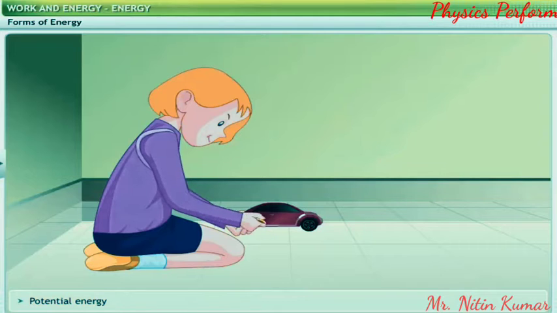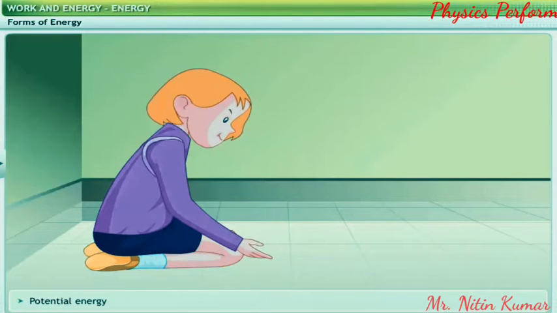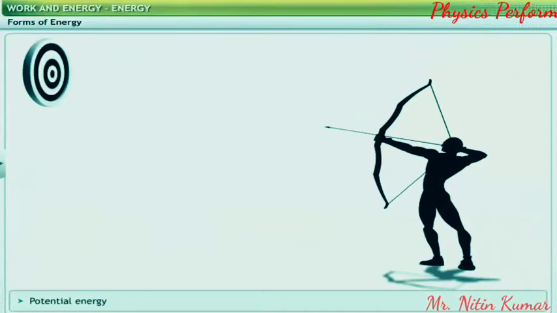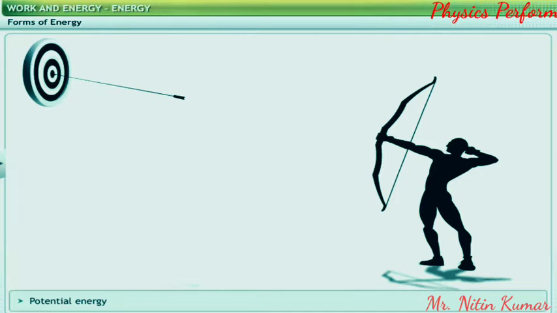For example, the work done in winding the key of a toy car is stored in the form of potential energy in it. This energy is released as the spring unwinds and sets the car in motion when it is left free on the floor. Further, consider the bow and arrow system.